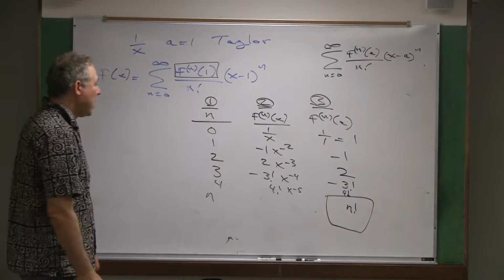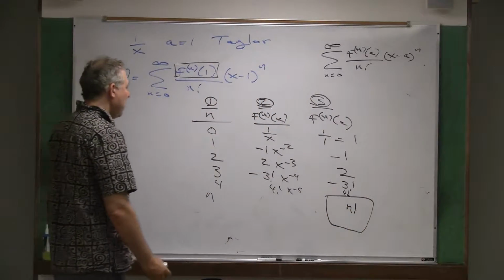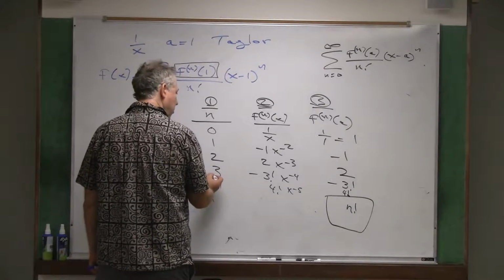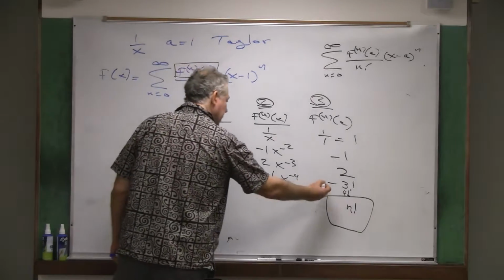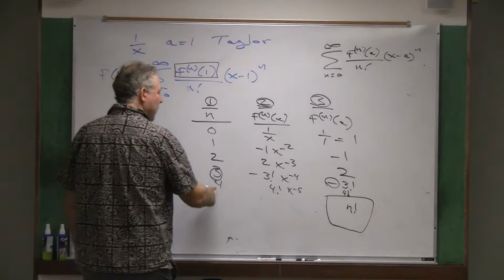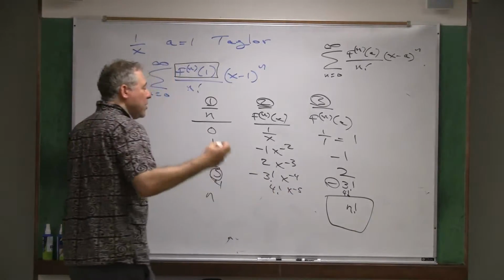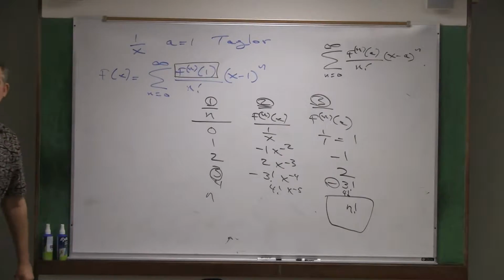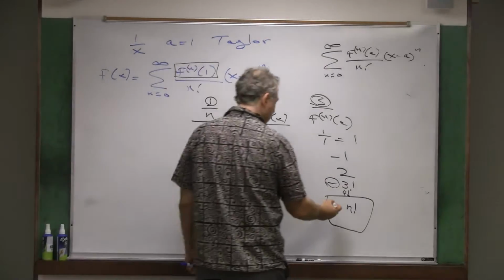Now, what about the minus sign? When it's a 3, it's negative, and then the next one, 5, is going to be negative. So odds are negative and evens are positive. That's negative 1 to the n. That looks pretty easy.